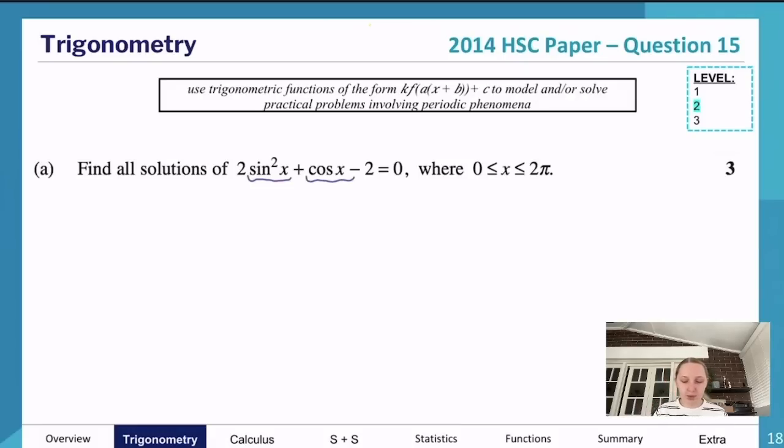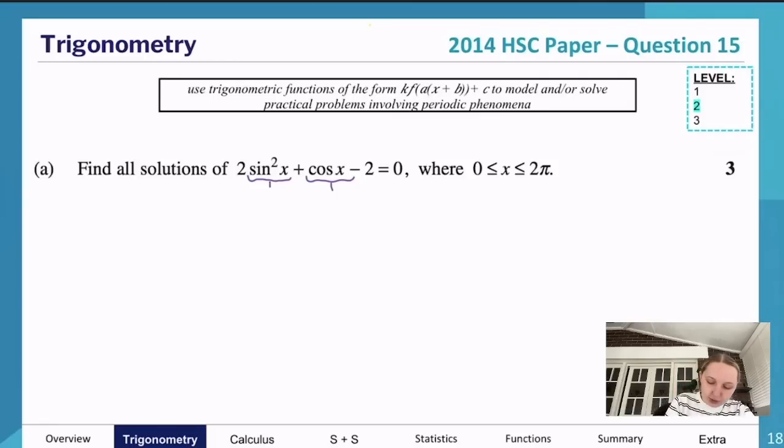So the first thing to think about is how we can change one of these to be like the other. This is something super important about manipulating one of the formulas on your formula sheet, and it will be the hardest part of the question, this first step.